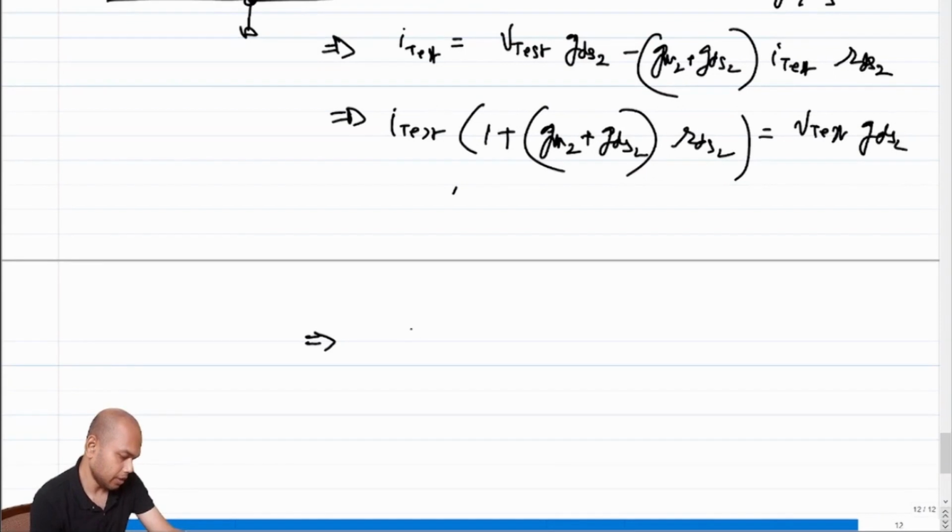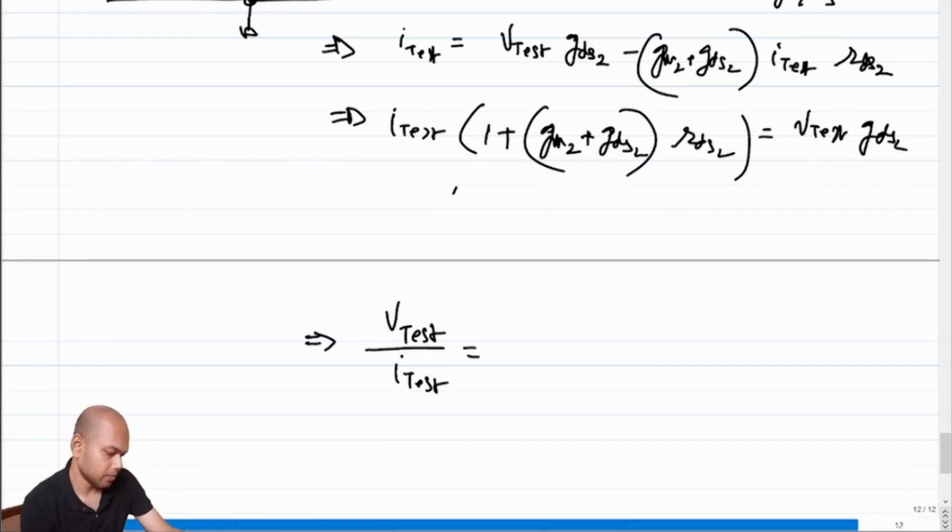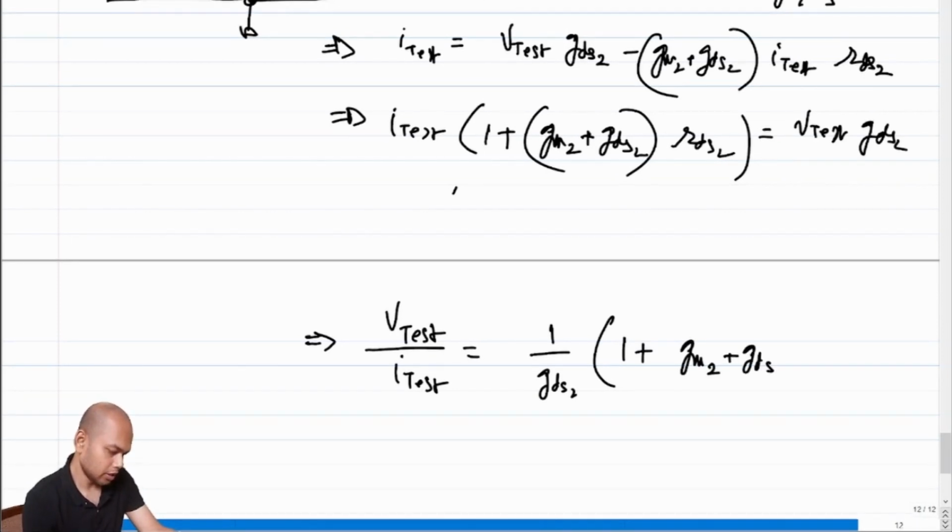So V test over I test becomes 1 over GDS2 times 1 plus GM2 plus GDS2 times RDS1.